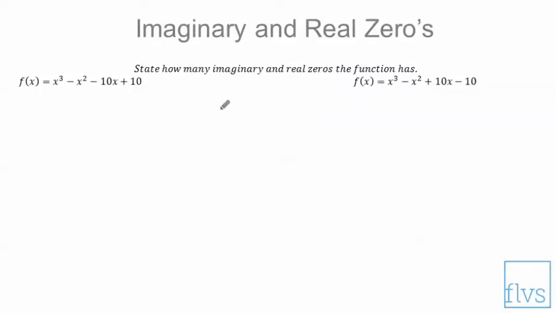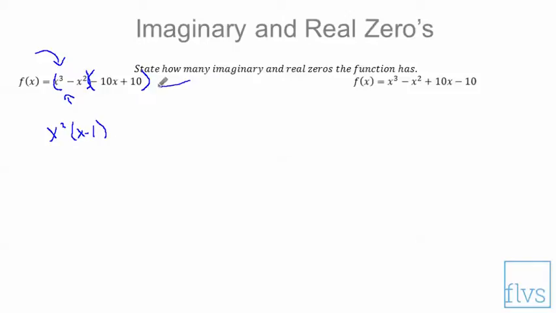Then the next question says, state how many imaginary and real zeros the function has. The first thing I'm going to do is factor it and see if I can figure this out. Here I have 4 terms, so I'm going to factor by grouping. My GCF of my first group is going to be x squared, and that leaves me with x minus 1 in parentheses.